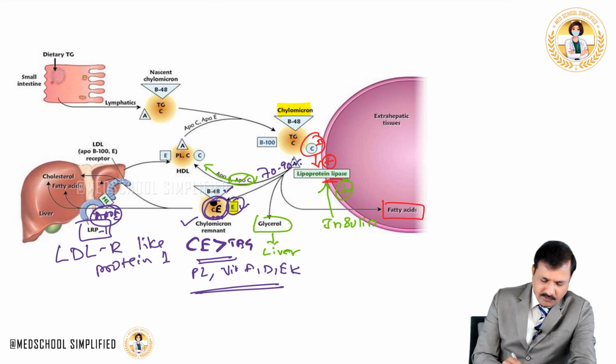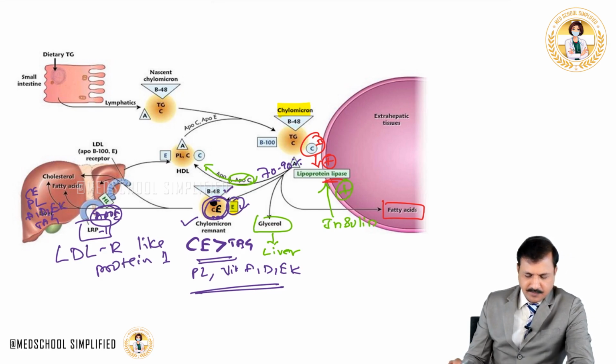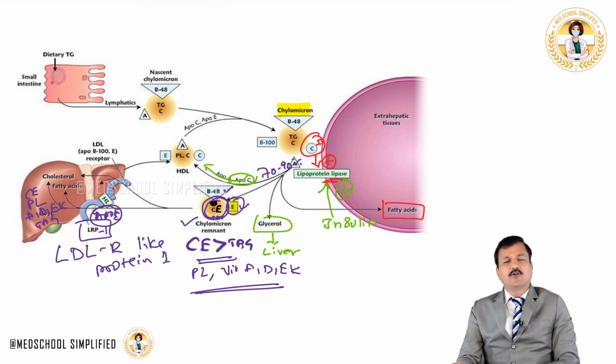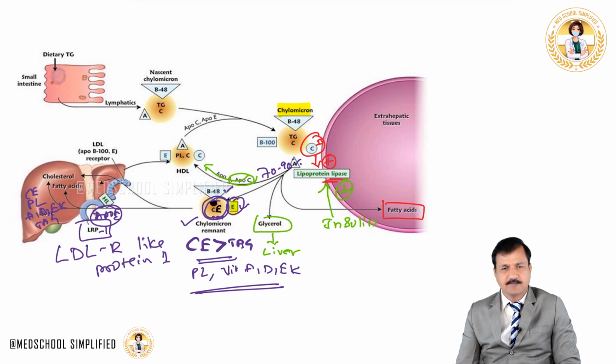All of that will be offloaded in the liver. That means the liver will be getting cholesterol ester, phospholipid, vitamins A, D, E and K and some amount of triacylglycerol. This is what happens to the chylomicrons in the circulation.